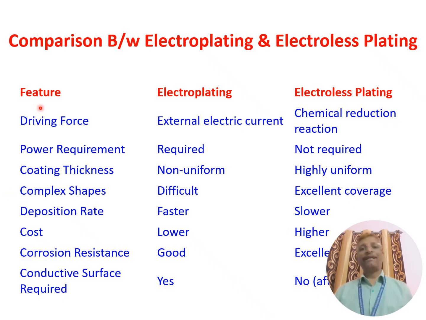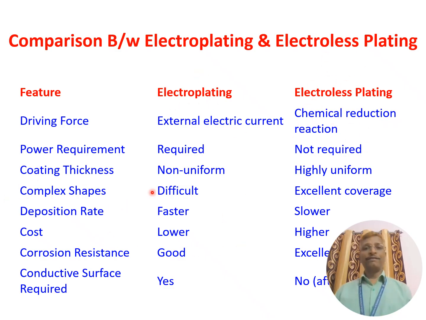So overall, the comparison between electroplating and electroless plating. In general, if we want to do any coating, first we have to study the base metal. Based on the investigation of the base metal and the conditions, we should go for electroplating or electroless plating. The main differences are these. Power requirement: here power is required, here electrical power is not required.